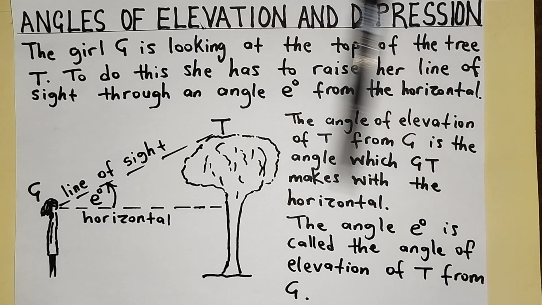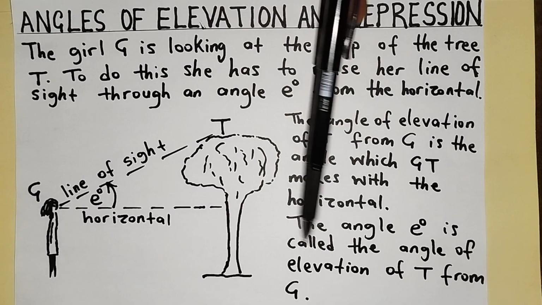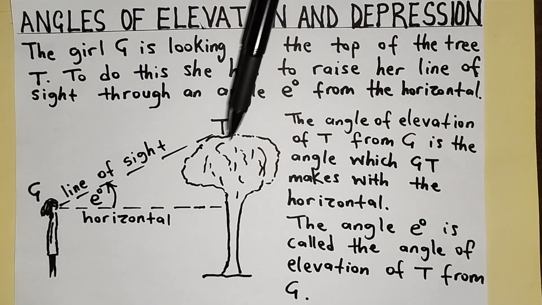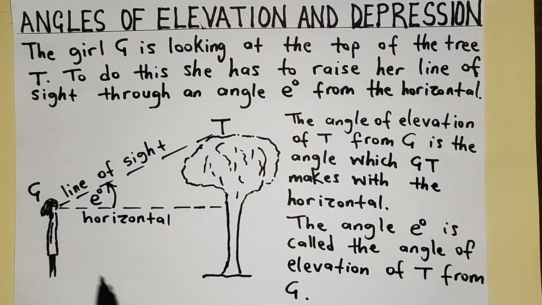The angle E degrees, this one, is called the angle of elevation of T from G. So to say, we measure angles of elevation starting from the horizontal up to the line of sight which is going to the object which you are viewing.